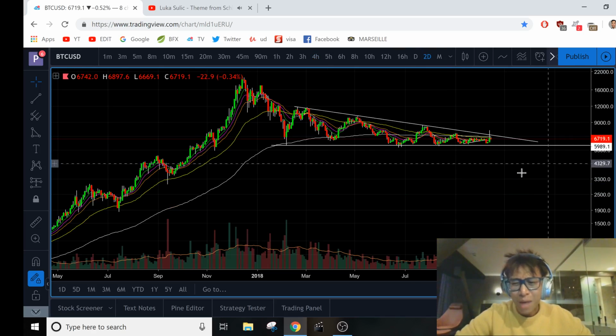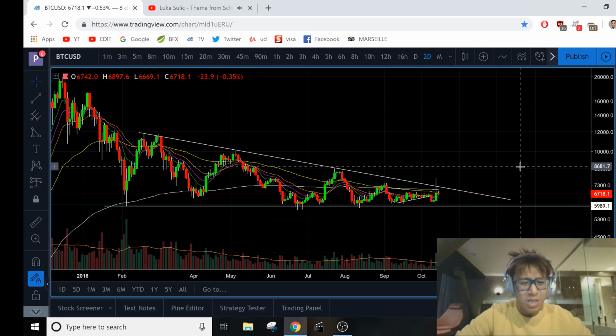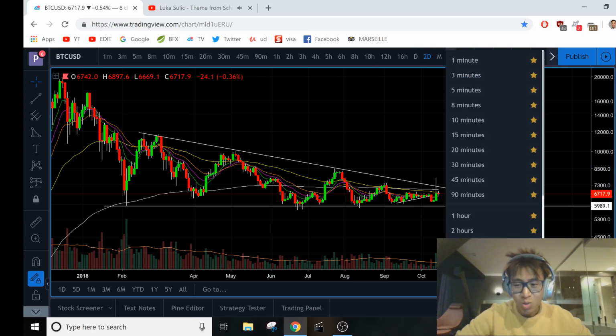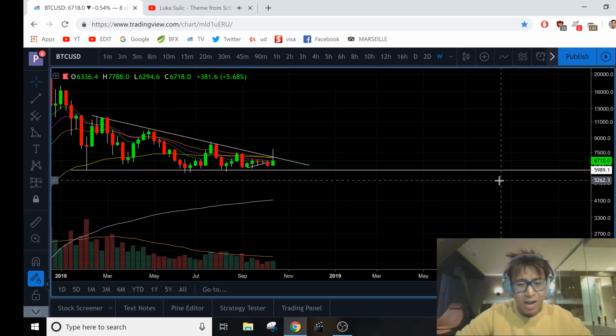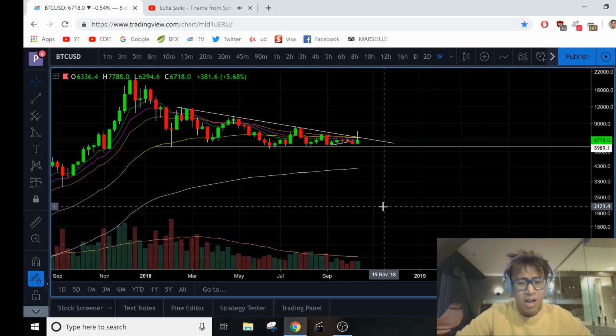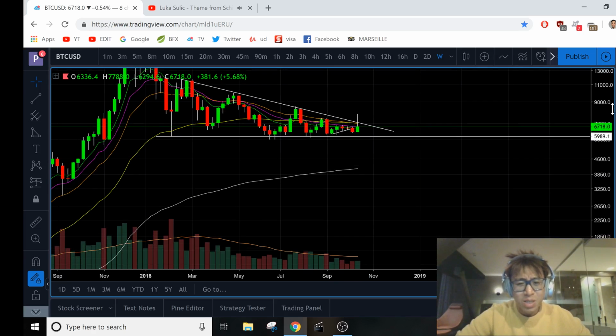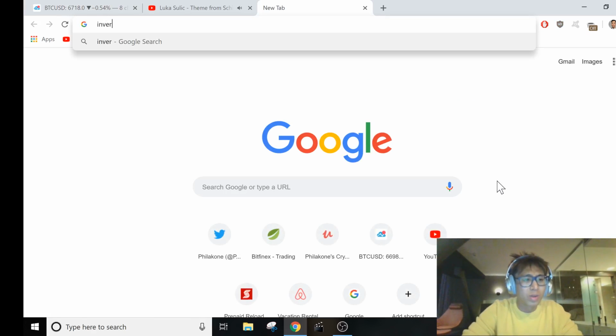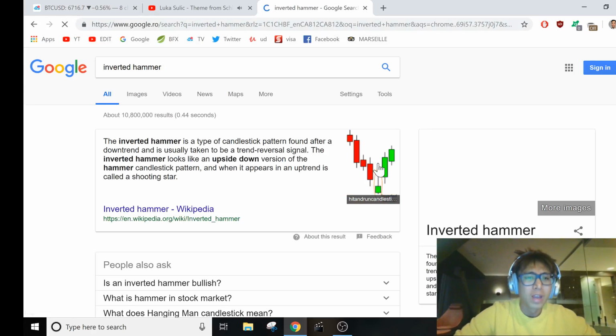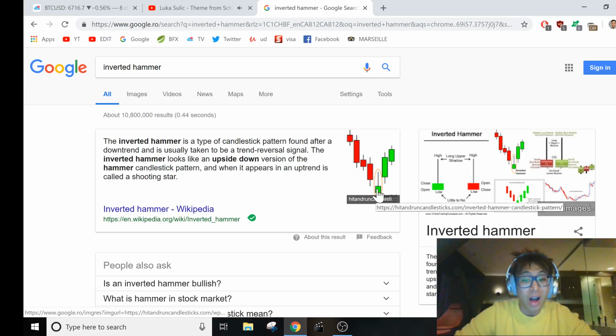Okay, so let's go back to a log scale. Would you guys agree with me right now with 100% certainty, if I take a look at this on a high time frame, on a weekly for example, that guys, this is ugly, okay? You guys might see this right here as an inverted hammer. Let me show you, if you guys know what an inverted hammer is. An inverted hammer is like that on a downtrend.